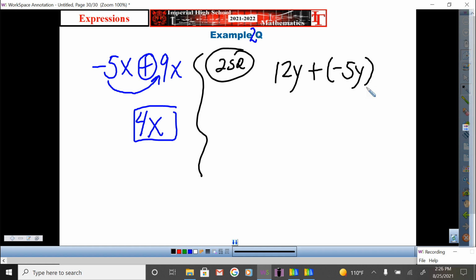All right, check with your neighbor, see what they got. All right, 7y, is that correct? All right. So let's add more steps to that. Let's do example 2 mega cube.